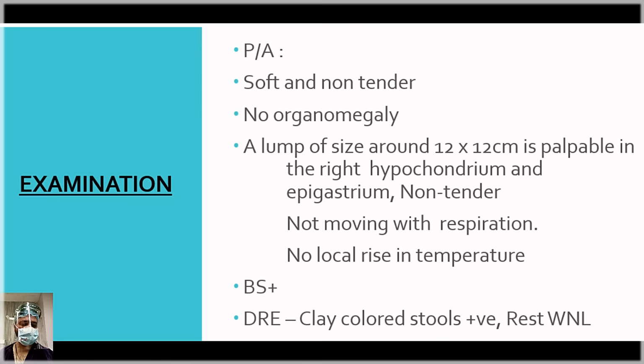It was a non-tender lump which was not moving with respiration, and there was no local rise of temperature. That means it was a lump most likely arising from the retroperitoneum. On rectal examination, there was clay colored stool present, and the rest was within normal limits.